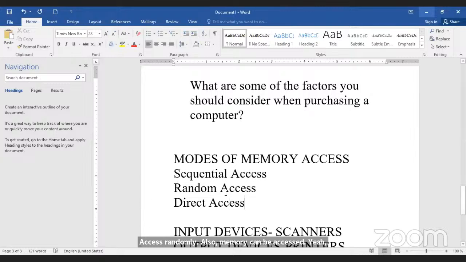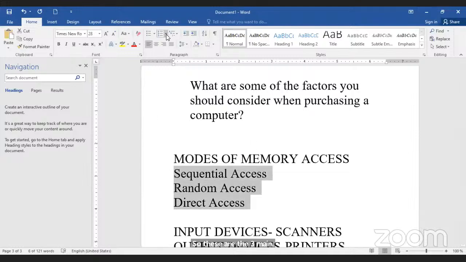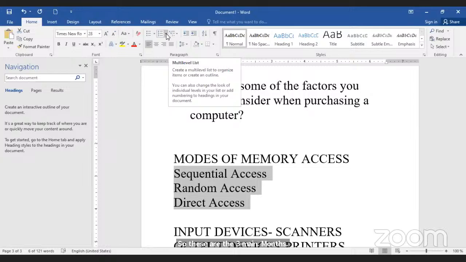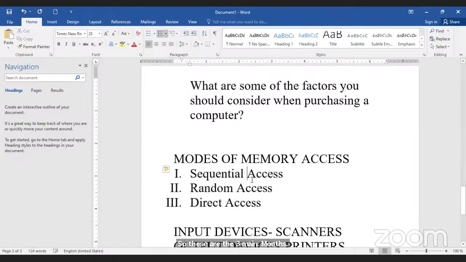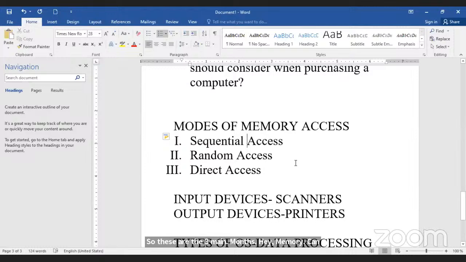So these are the 3 main modes that memory can be accessed. Describe modes of memory access in computers, 12 marks. So just saying sequential access, random access, direct access, I think the lecturer will give you 12 marks. You need to come on it very well.